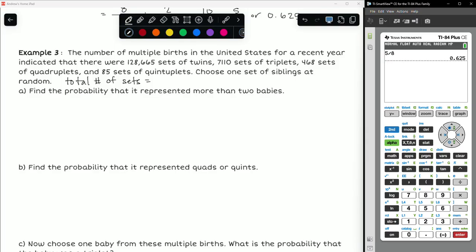So let's go ahead and add the sets. 128,665 sets of twins, 7,110 sets of triplets, 468 sets of quadruplets, 85 sets of quintuplets. So we have 136,328 sets of siblings.